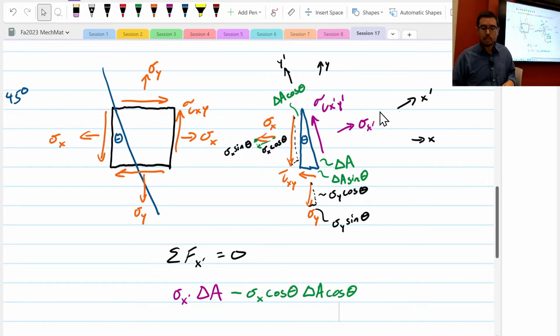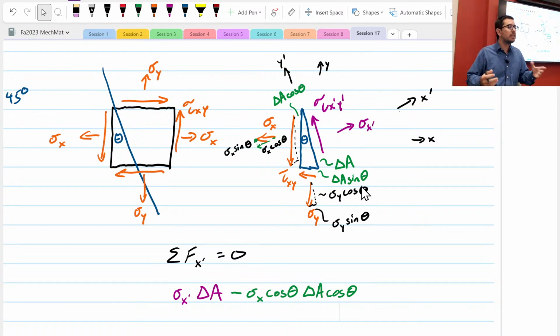Notice I didn't say our goal is to figure out what sigma y prime is with this cut. Why? Because there's no sigma y prime drawn here in this particular cut. I have no face on which sigma y prime is acting through or coming out of with this particular cut.